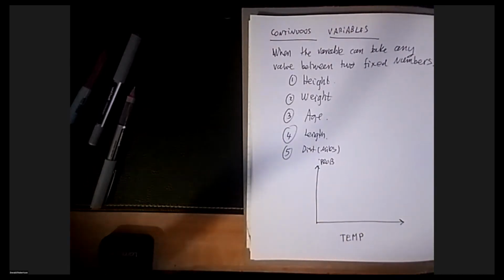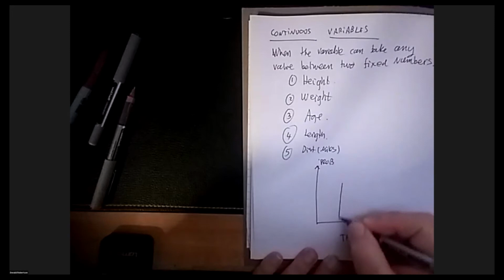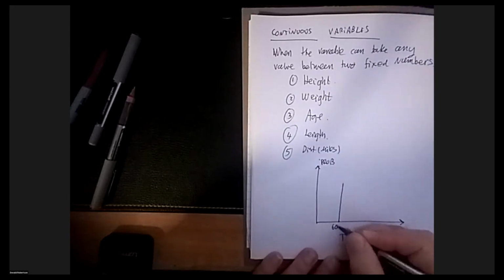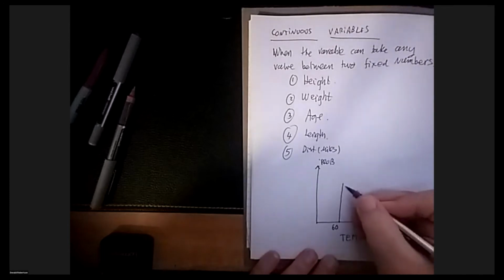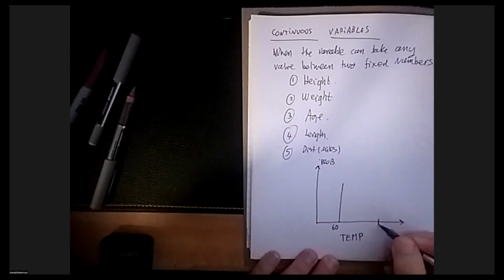Can you imagine there was a place where they collected information about the temperature. Now, the temperature could be 60 degrees, it could be 61 degrees, but it could also be 60.2 degrees, right? So it's continuous. Temperature is continuous. And let's suppose that we have a place where the temperature is 60, and over here, the temperature is 70.